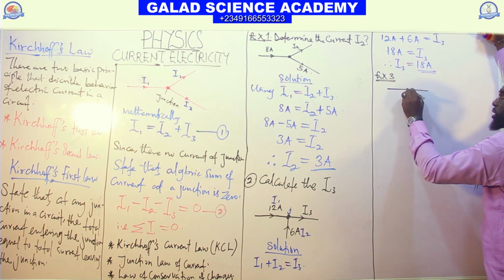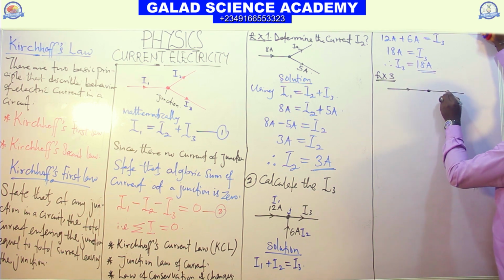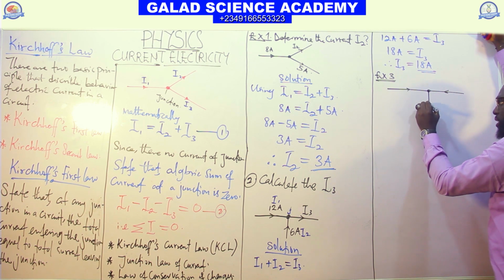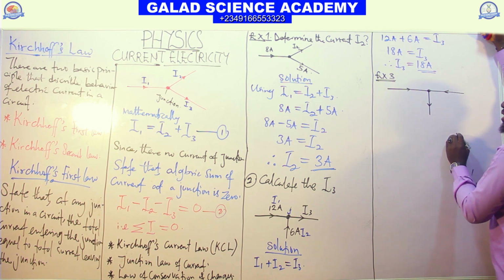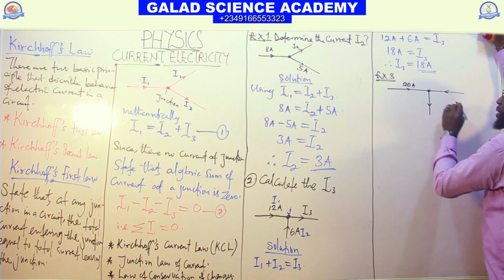We have a circuit like this. This one is coming here, and this is coming like this. Let me call this one 20 ampere.